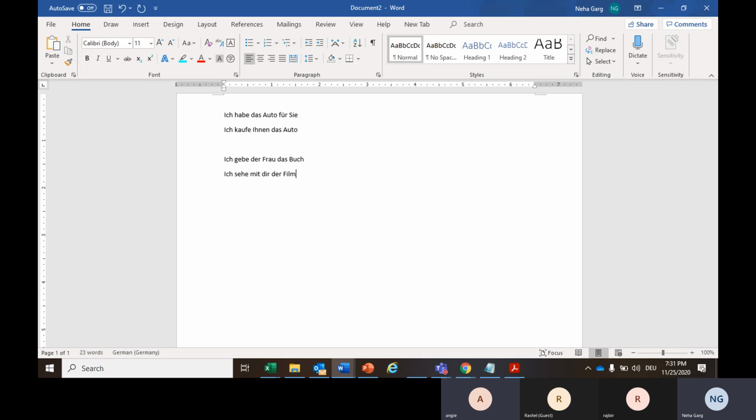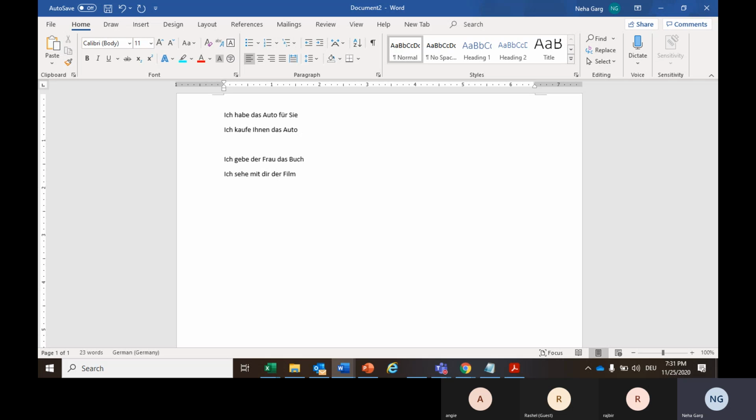What is the article for Film? Masculine. Did you use any translator for that? No. Okay, then it is correct, but some corrections are required here.